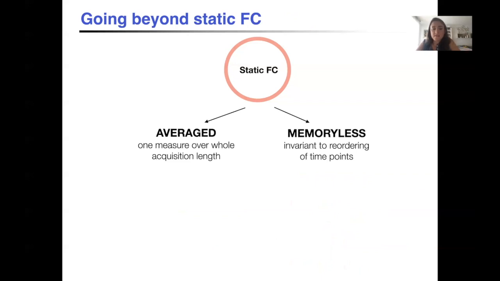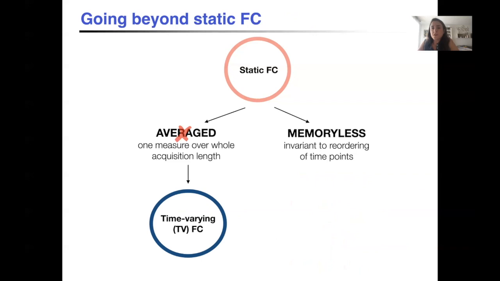If we relax the first property, being averaged, then we end up with a first class of methods that we define today and call time-varying functional connectivity, which yields a temporal sequence of functional connectivity, where you can appreciate temporal variation. This includes, for example, sliding window methods, co-activation patterns, and so on.